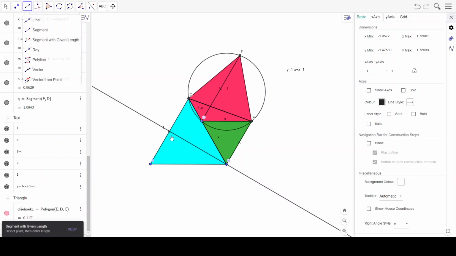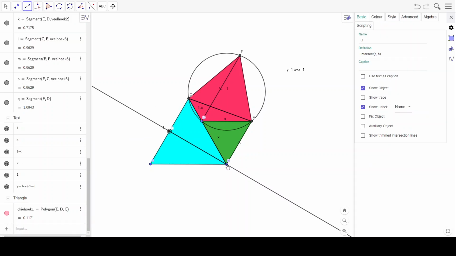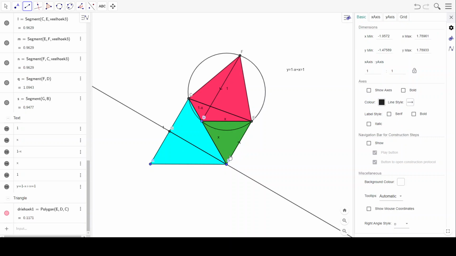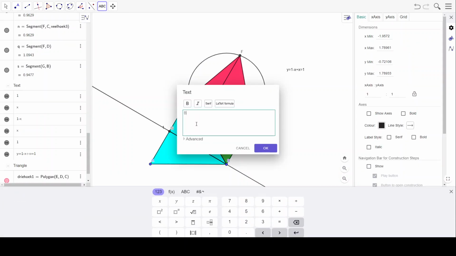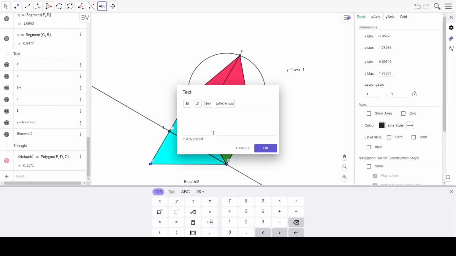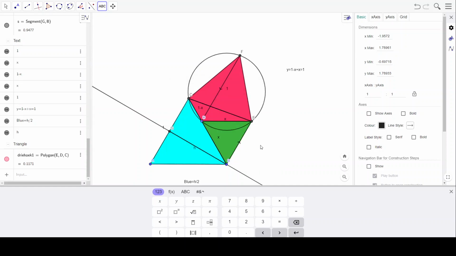So this perpendicular distance, let's call h. So the blue area is half times 1 times h. So that's h over 2. Let's put it over here. So we have for the blue equals h over 2. If we call this h.